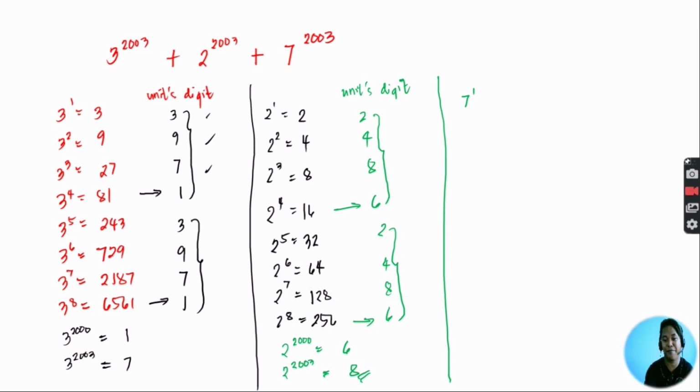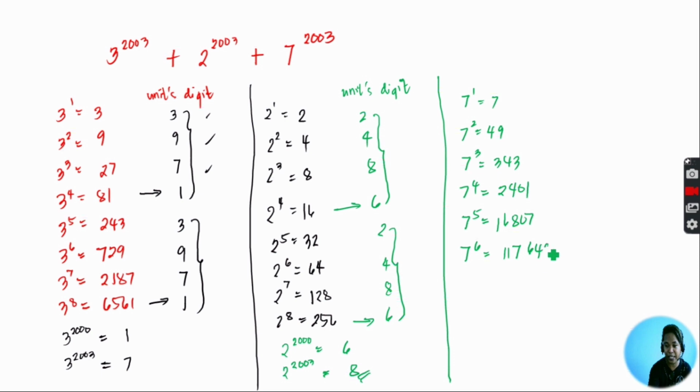So bago po yon, alamin muna natin yung 7 raised to 1. 7 raised to 1 is 7. 7 raised to 2 is 49. 7 raised to 3 is 343. 7 raised to 4 is equal to 2,401. 7 raised to 5 is equal to 16,807. 7 raised to 6 is equal to 117,649. 7 raised to 7 is equal to 823,543.